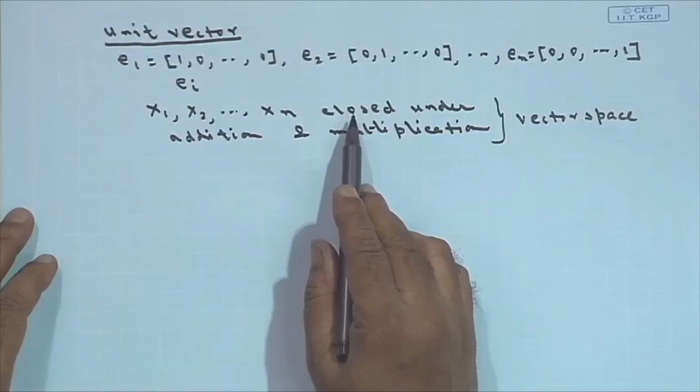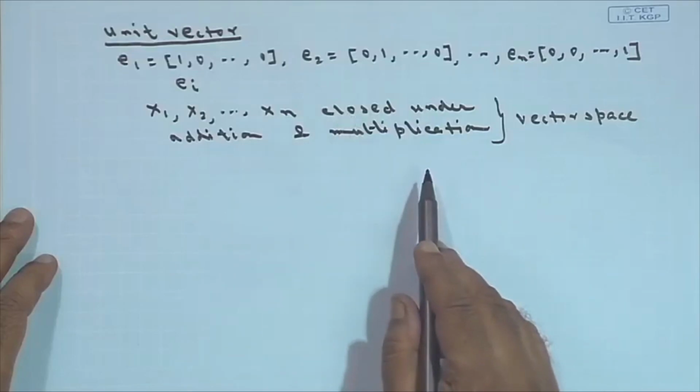So, if x1, x2, xn is there, if I take the addition of any two of these, then the sum of any two vectors will also be a member of the set. Then we say that it is closed under addition.